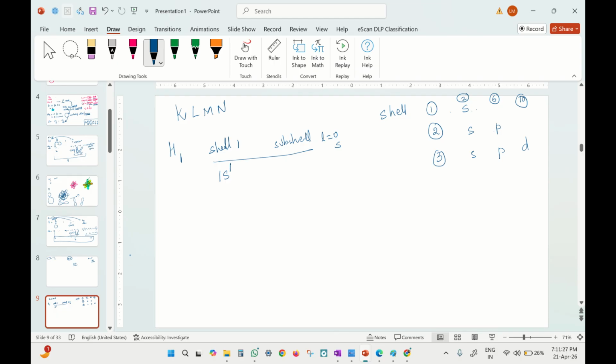What is 1? 1 talks about the principal quantum number. What is S? S talks about the subshell. What is this one? This one talks about the number of electrons. So hydrogen's electronic configuration will become 1s1. Clear?